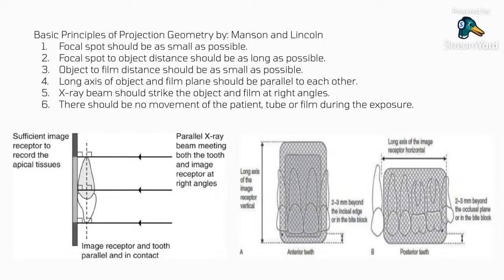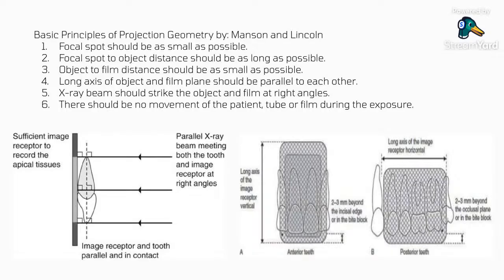So there are 6 basic principles of projection geometry by Manson and Lincoln. They say that the focal spot should be as small as possible so that we can reduce the penumbra effect that we discussed previously, right? The focal object to object distance should be as long as possible. You'll learn that in the coming slides.